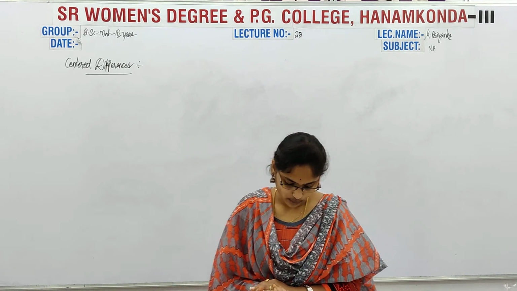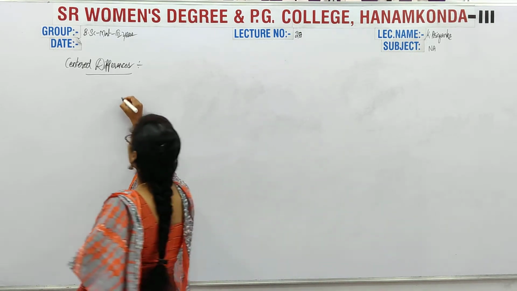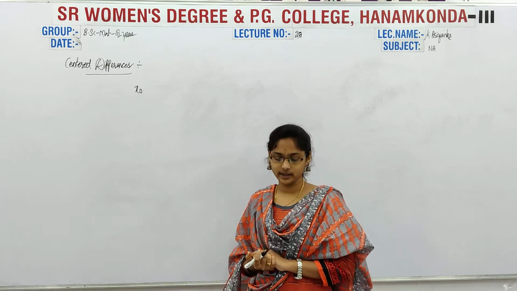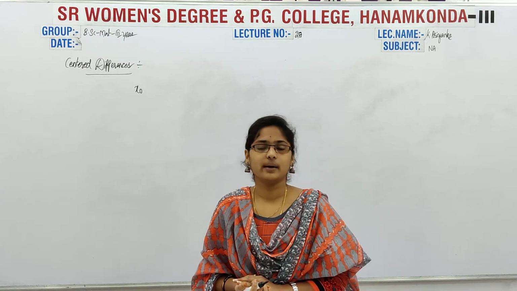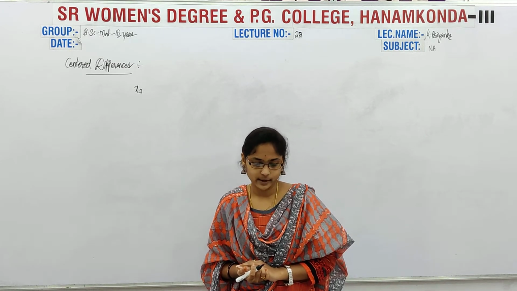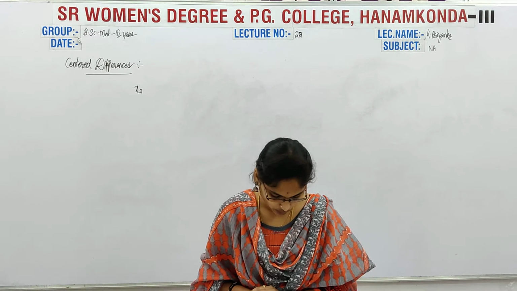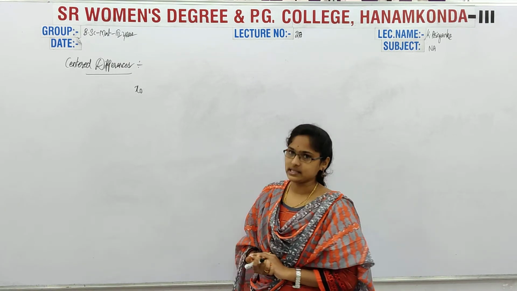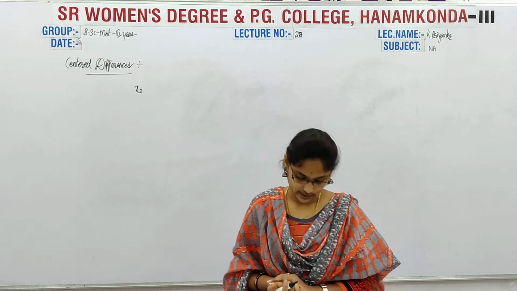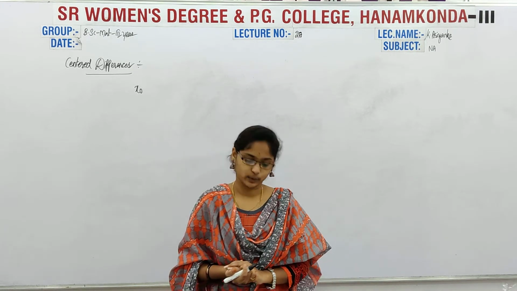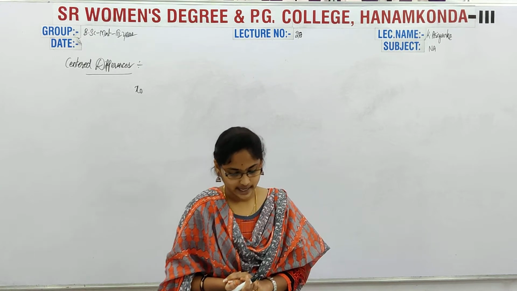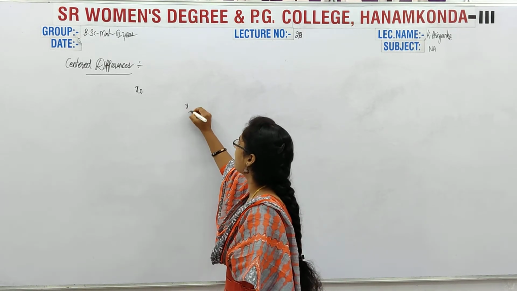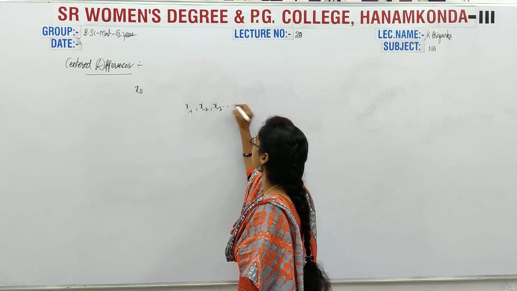For the centered difference formulas, we choose x naught near the point being approximated and label the nodes, the points, the x values, directly below x naught as x1, x2, x3, and so on, and those directly above as x minus 1, x minus 2, x minus 3, and so on.